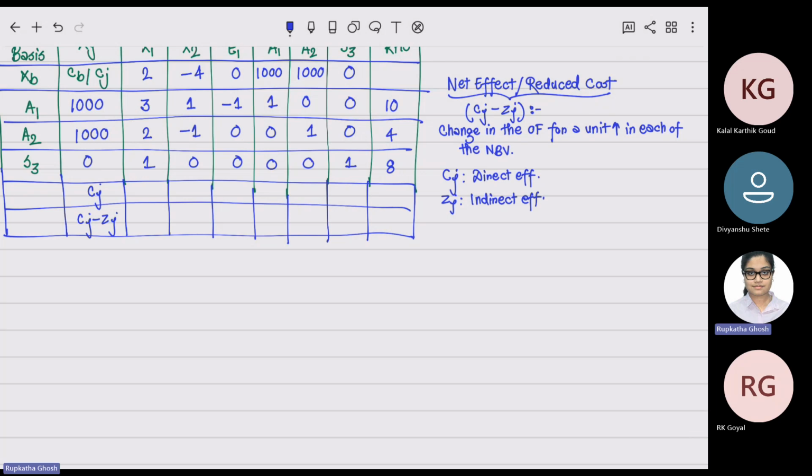Cj is nothing but the direct effect of increasing the value of a non-basic variable, let's say x1 or x2 or e1, one at a time from 0 to 1, in order to improve the objective function by its respective Cj. That is the contributing value, 2 or -4 or 0.